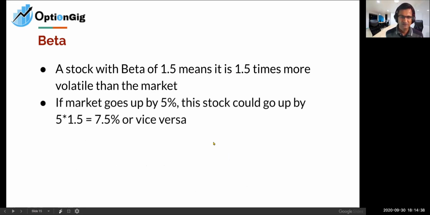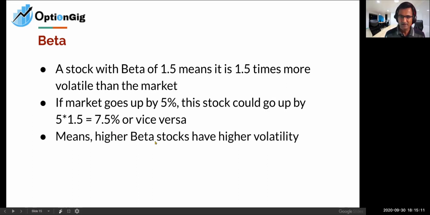Means if the market goes up by 5%, the stock, in theory, could go up by 7.5%, or vice versa. Now, whenever you look at this beta information, generally it will say beta over the last 5 months, 6 months, beta over a year. So it is being recalculated based on the correlation between the stock and the S&P or the market.